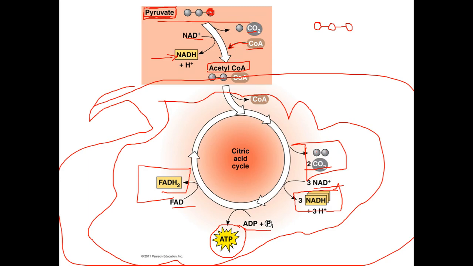So again, following the carbon, we lose 1 carbon right off the bat before acetyl-CoA is formed. Then the other carbons are lost as carbon dioxide. So that's where the carbon went. Where did the energy go? Well, the energy originally in these bonds, some of that got used to form NADH, some of that got used to form NADH down here, some of that got used to form ATP, and some of that got used to form FADH2.